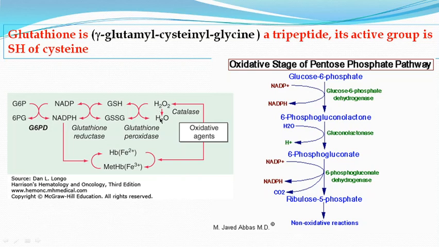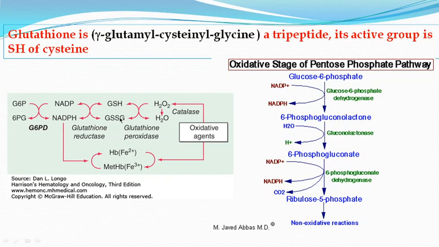By means of what? By the help of glutathione in the reduced form. But in such a process, glutathione will be converted into the oxidized form, which is GSSG. So reduced glutathione helps glutathione peroxidase in the elimination of the oxidizing agent or free radical H2O2 by converting it into water, but at the same time the reduced glutathione becomes oxidized.